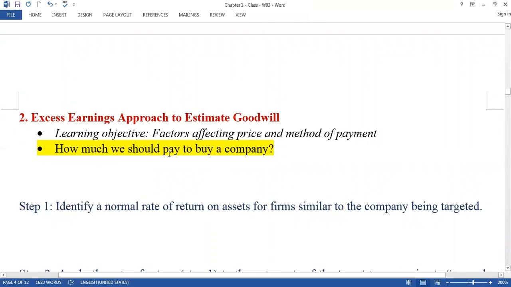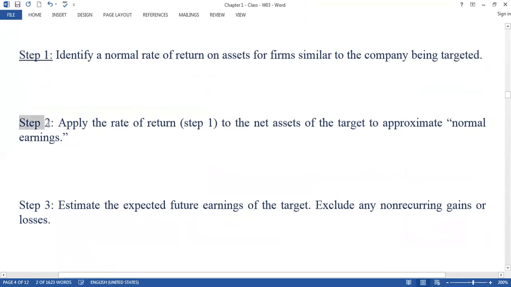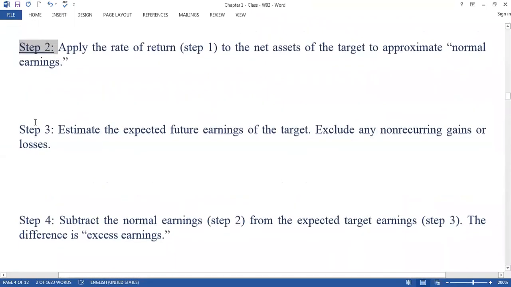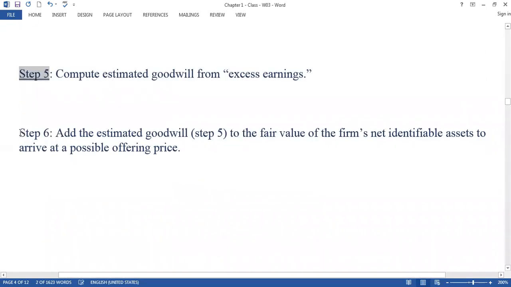So how much should we pay to buy a company? If you want to know the answer, you have to go through 6 steps. How many steps do we have? Step 1, step 2, 3, 4, 5, and look at the last step first.